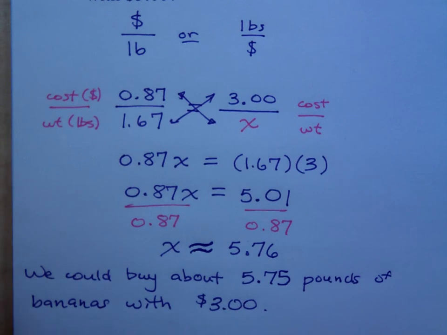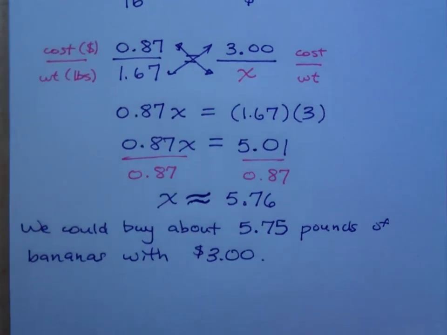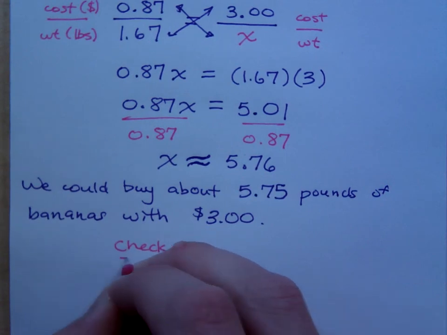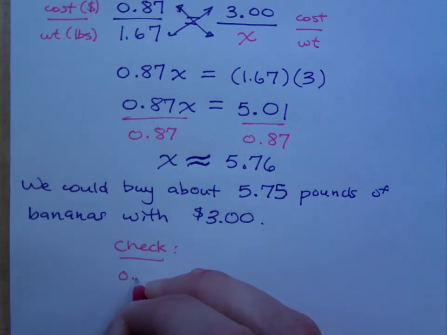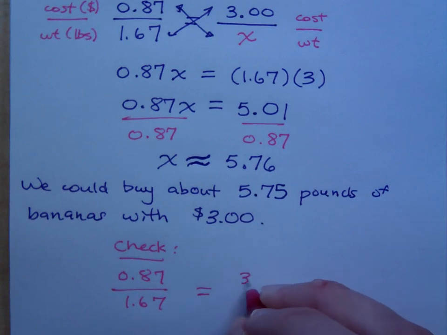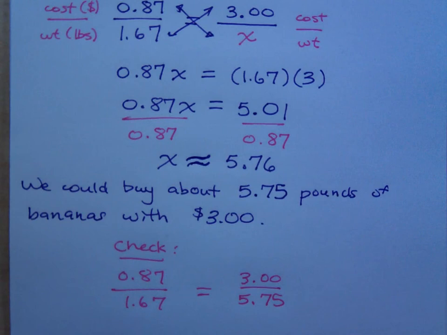Now, here's what you could do to check this. Check to make sure that everything lines up. You're saying that 87 cents for 1.67 pounds should equal $3 for buying 5.75 pounds. Right? Is that what we're saying?